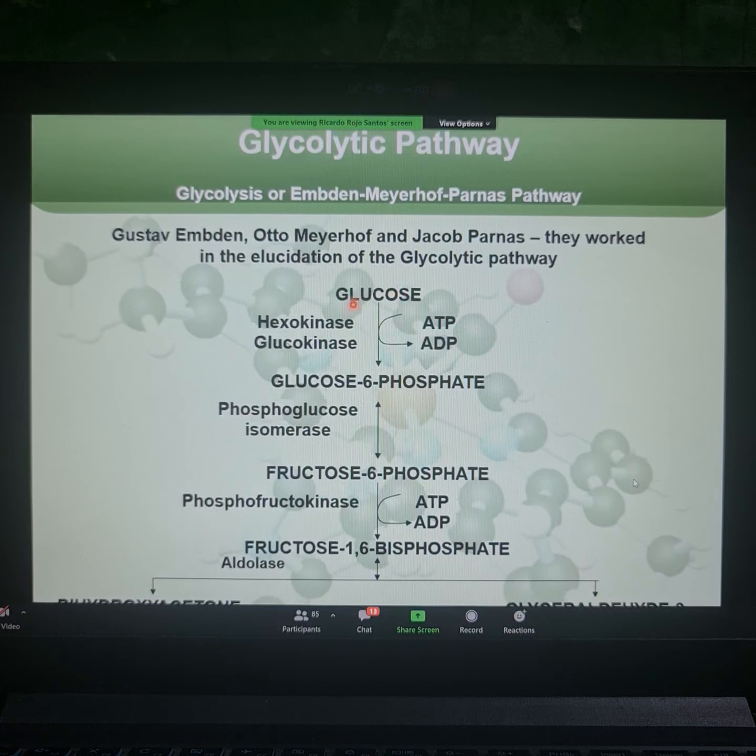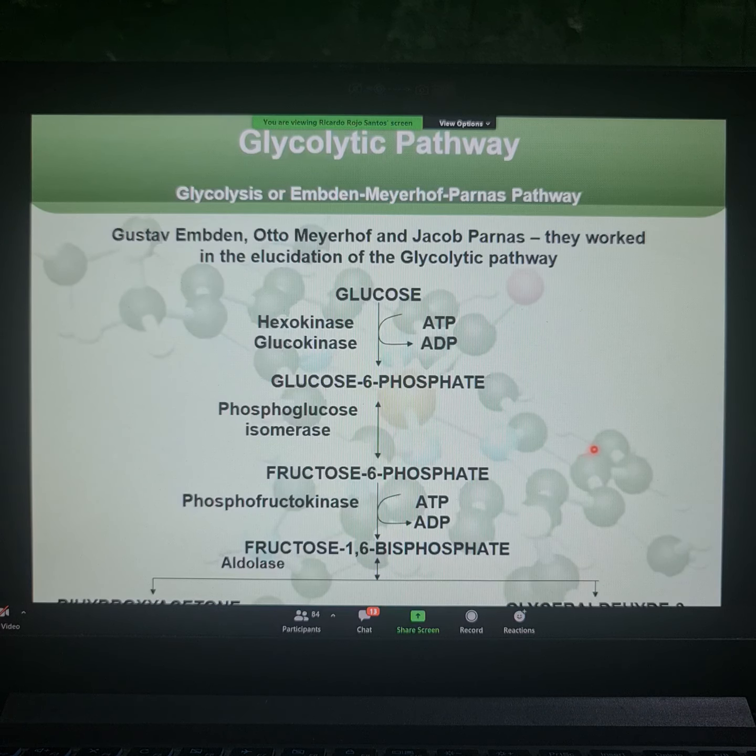Glucose catalyzed by hexokinase or glucokinase will be converted to glucose 6-phosphate, and it will utilize 1 ATP, which is hydrolyzed to ADP plus inorganic phosphate. And the inorganic phosphate will become attached to carbon 6 of glucose.